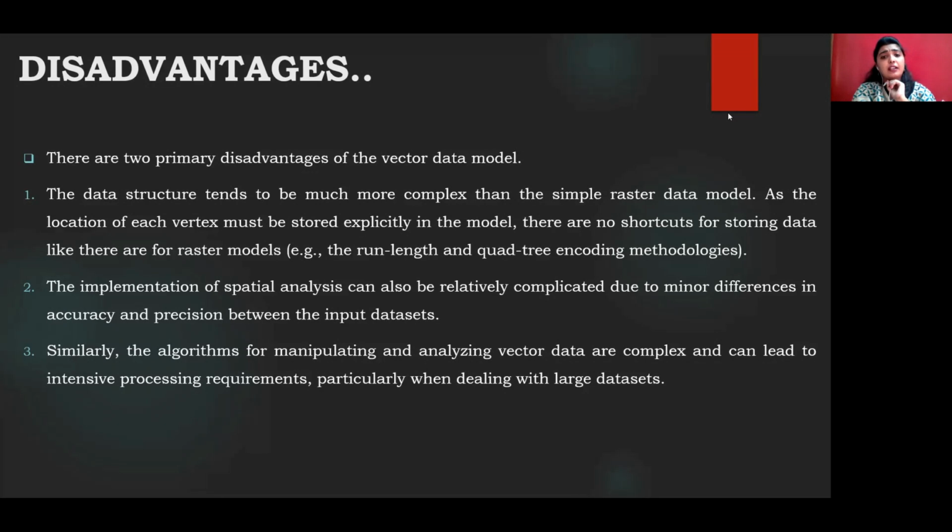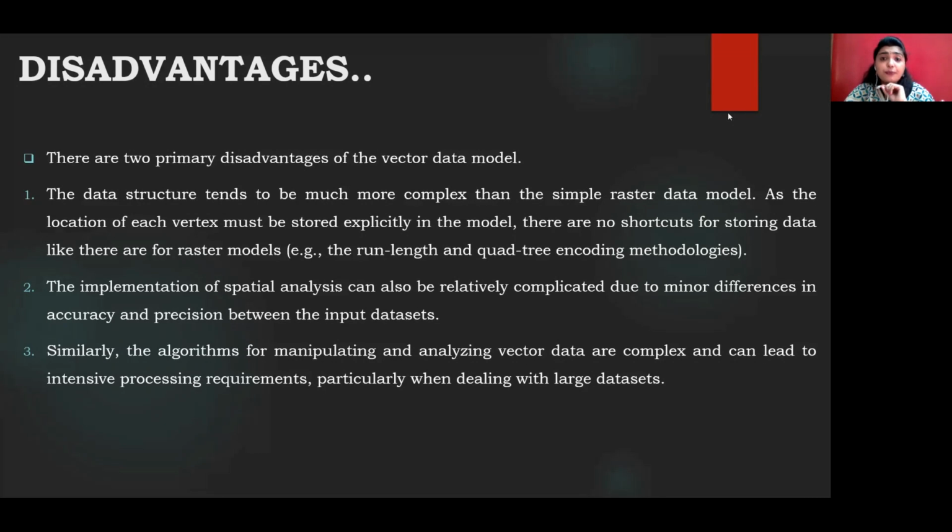The next disadvantage is the implementation of spatial analysis can also be relatively complicated due to minor differences in accuracy and precision between the input data sets. If the input data sets have minor differences in accuracy and precision, it becomes very difficult to perform spatial analysis and then to get accurate or precise results.